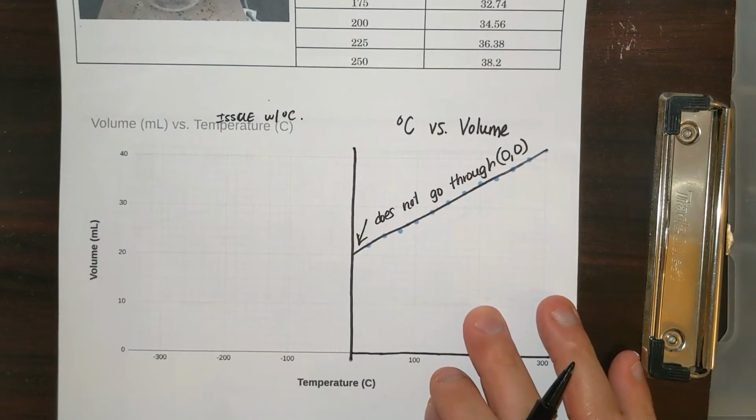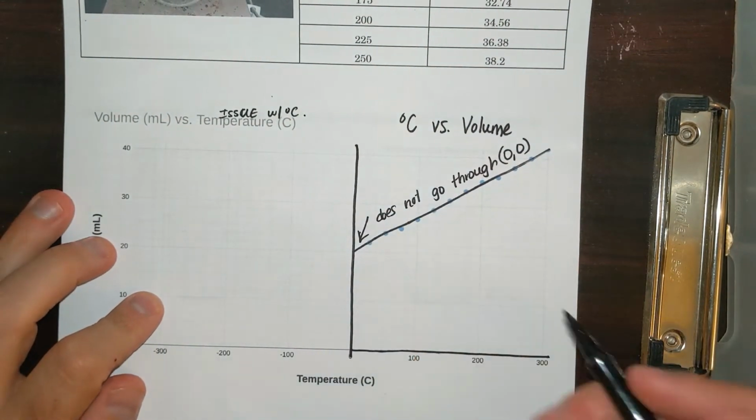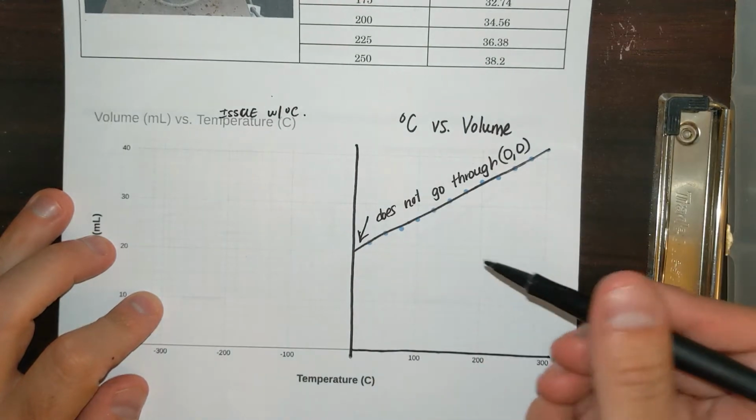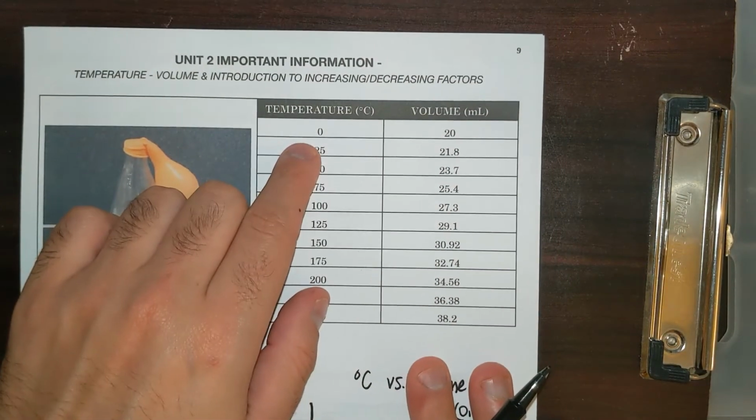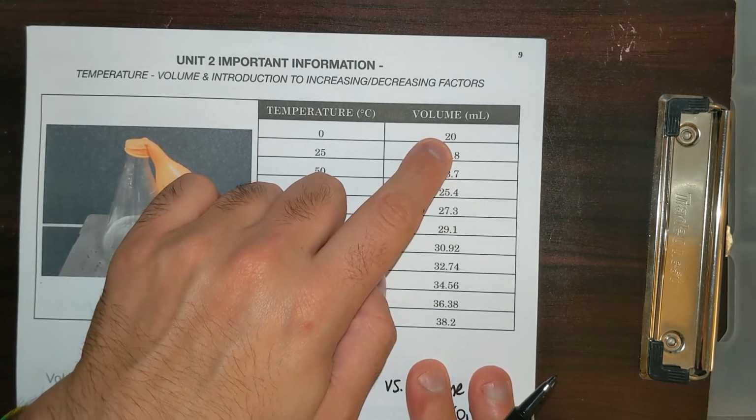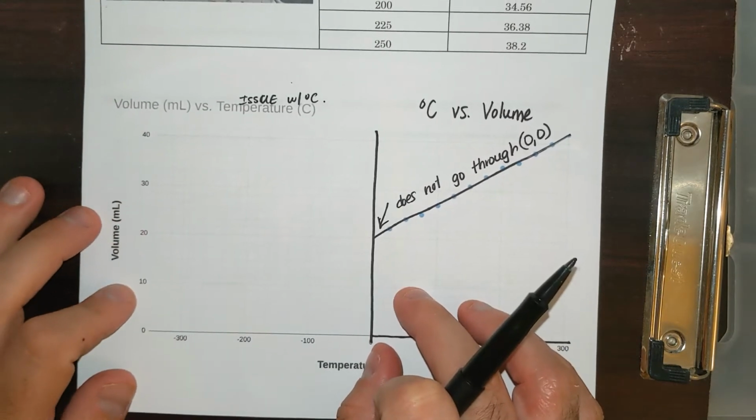That's a problem because for matter, if I have 0 of one, I should have 0 of the other. If I had a 0 temperature, I should have a 0 volume. And so this is the issue with Celsius.